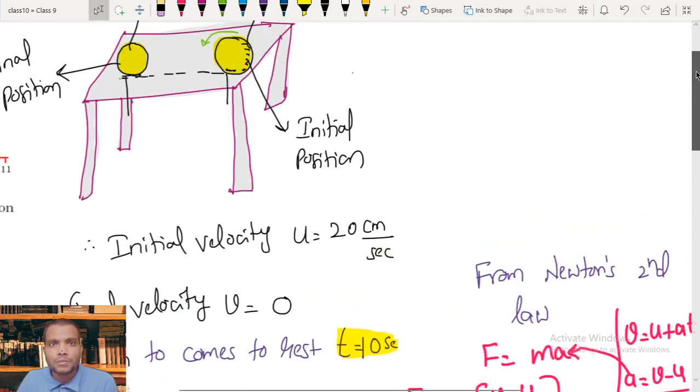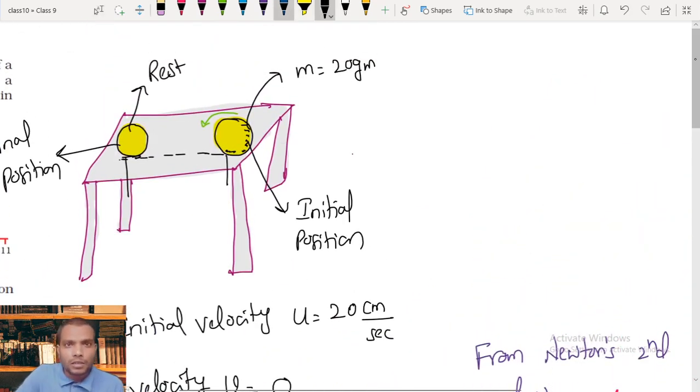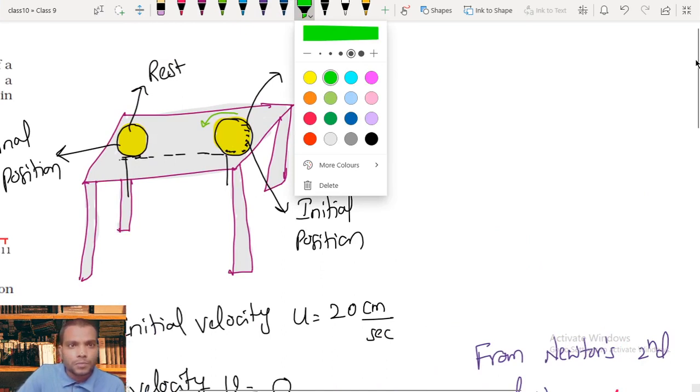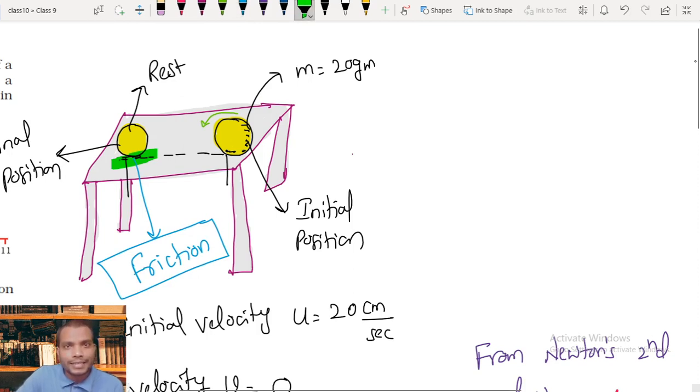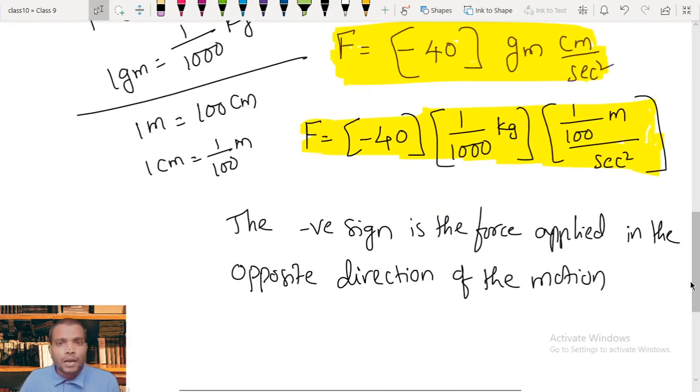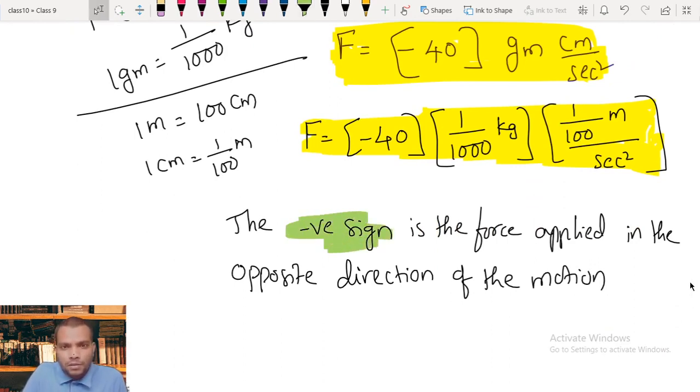Just remember that the force present between the ball and the table, we call friction. The friction force is always negative because it is opposite to the direction of motion of the ball. So that's why the negative sign tells us the force applied by the table is opposite to the direction of the motion.